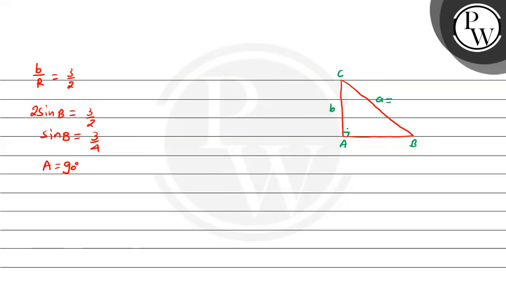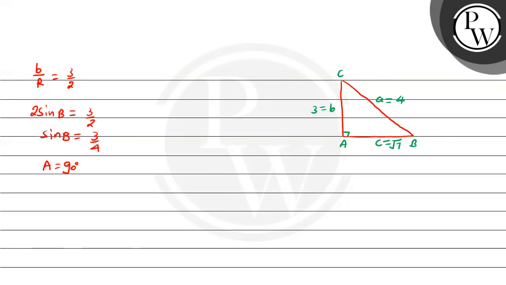Let me assign all the lengths. So sin B is perpendicular divided by hypotenuse. So from there we can calculate the perpendicular b is 3 and the value of a is 4. By the Pythagoras theorem we can calculate the value of c, and that will be root 7. All right, but here we have to calculate the angle bisector length, right?